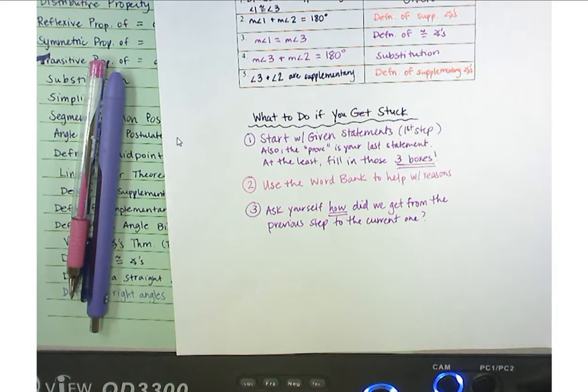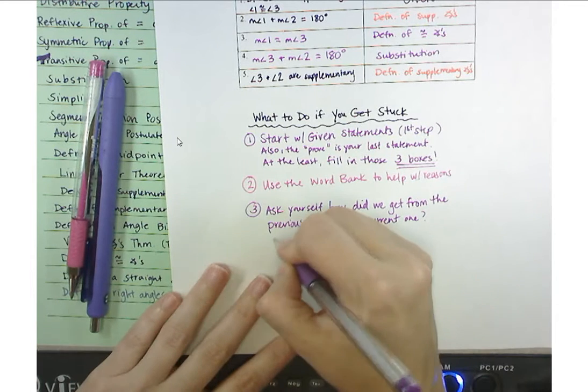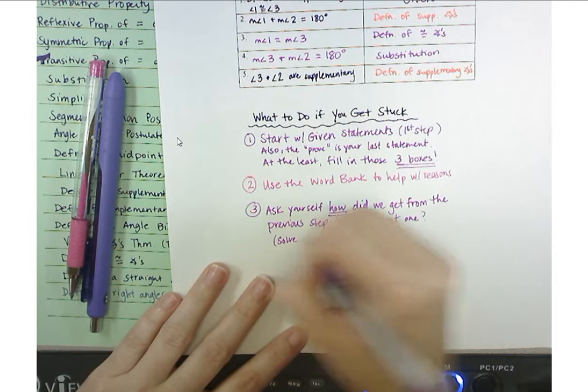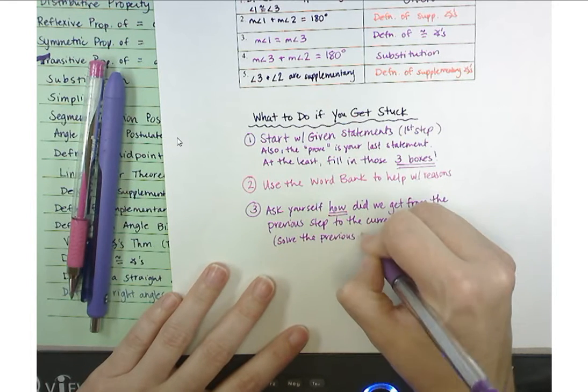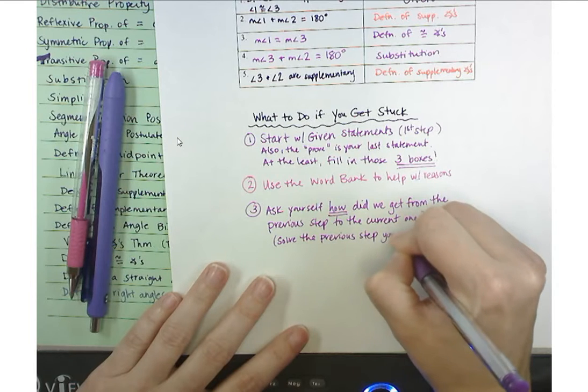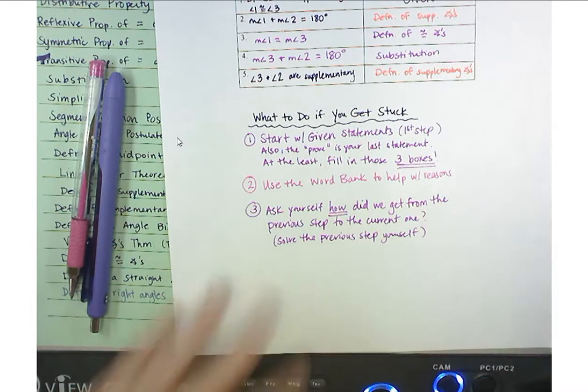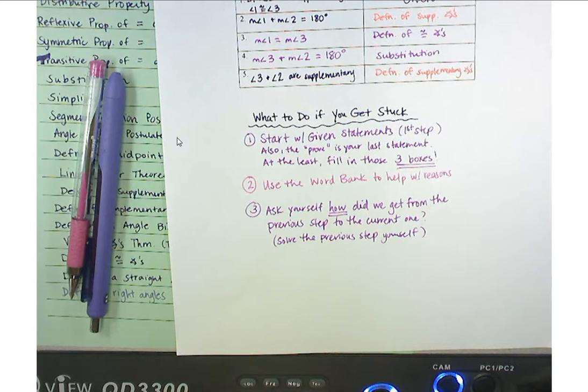You have to relate it to the previous step. You can't just look at the current one and think it's going to jump out at you. It's related to the one before it. So sometimes you can solve the previous step yourself to see what you would do. And again, it has to be that previous step.